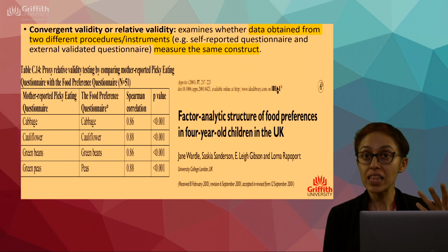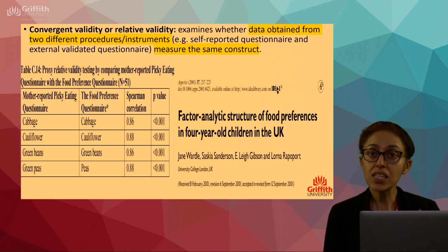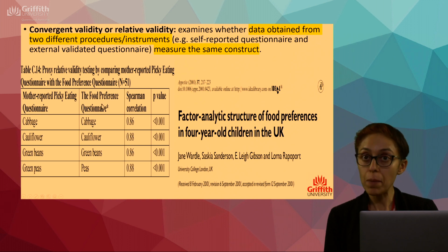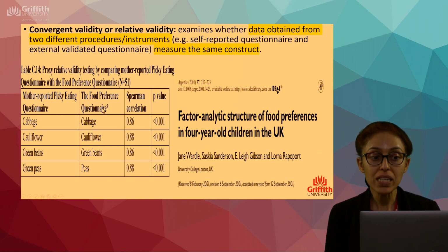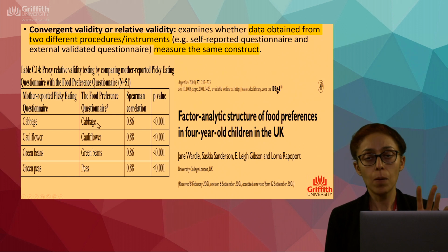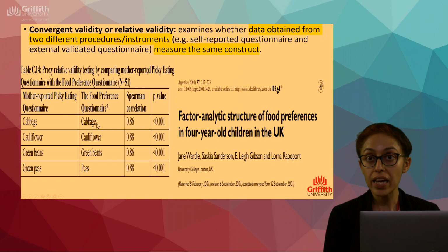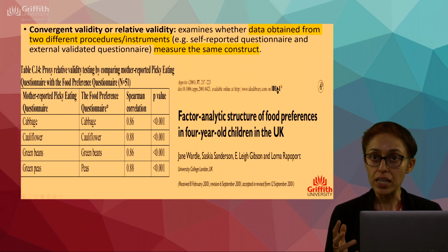And basically in the external questionnaire, the mothers and the children should be saying the same thing. Meaning when they complete the UK based questionnaire, they should also be saying, oh yes, my child does not like cabbage, and the child should say, yes, I hate cabbage. So basically this is relative validity.